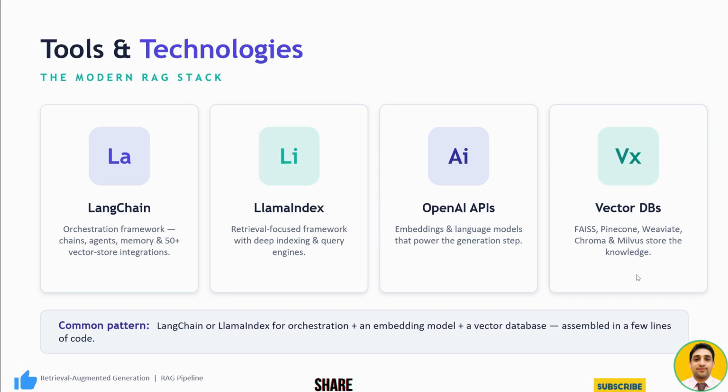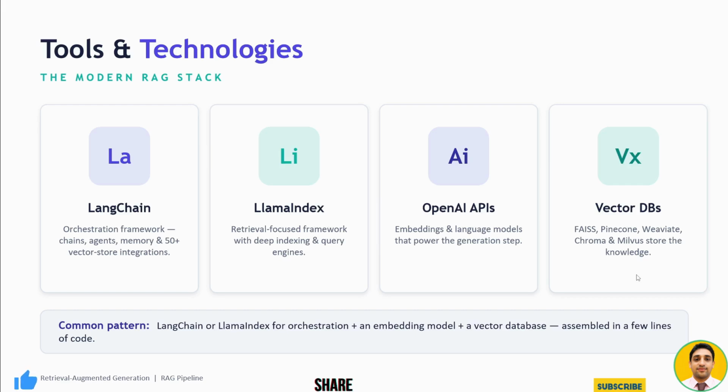Third, we have OpenAI APIs, which provide both the embeddings and the language models that power the generation step of the pipeline. And fourth, we have vector databases as a category, including the ones we discussed earlier, FAISS, Pinecone, Weaviate, Chroma, and Milvus, all of which serve the purpose of actually storing the knowledge in a searchable form.